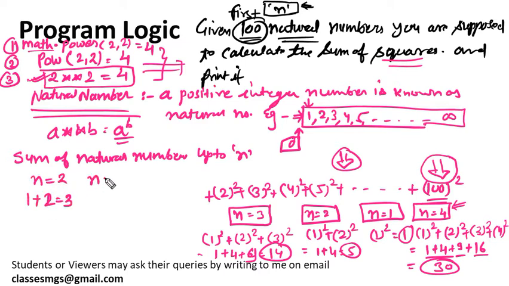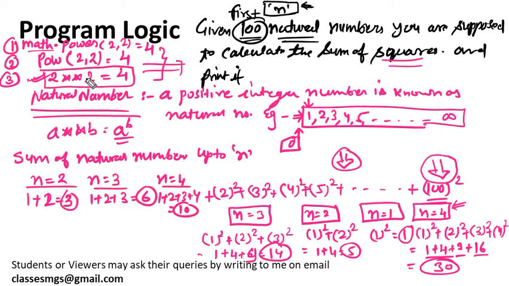If I pass n equals 3, it should do 1 plus 2 plus 3, which is 6. If I pass n equals 4, then it should do 1 plus 2 plus 3 plus 4, that is 10. So this program I want. If I am able to write this program, then I can very easily write the program to calculate the sum of the squares of the first n natural numbers.